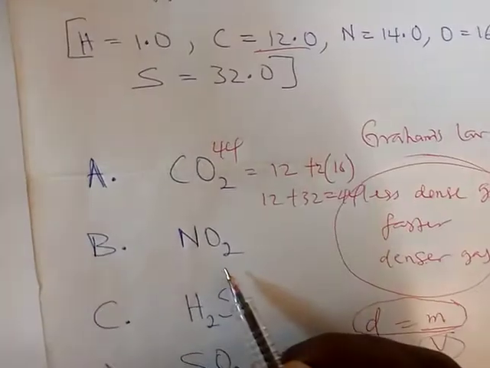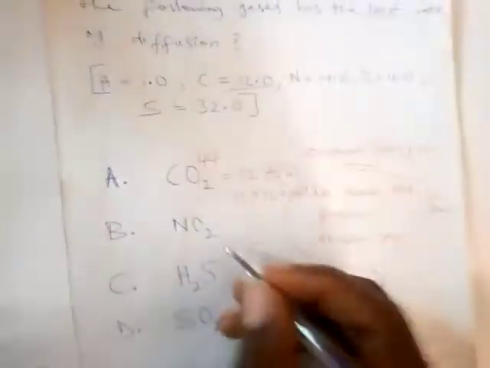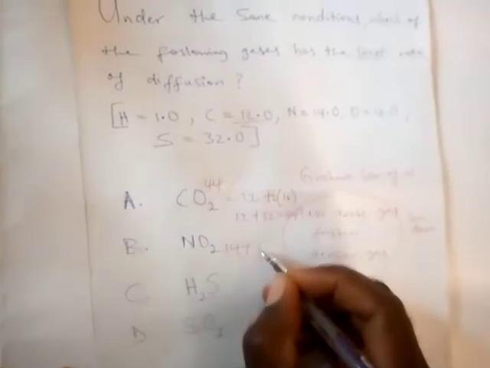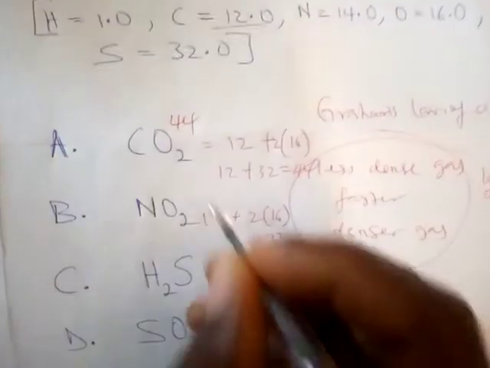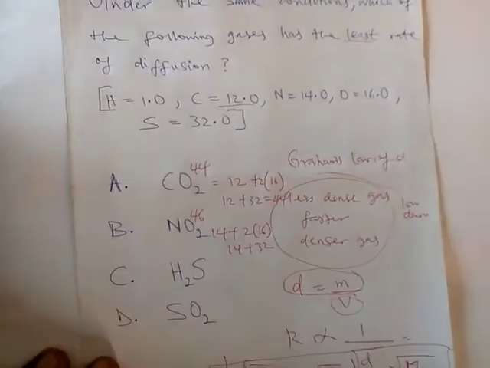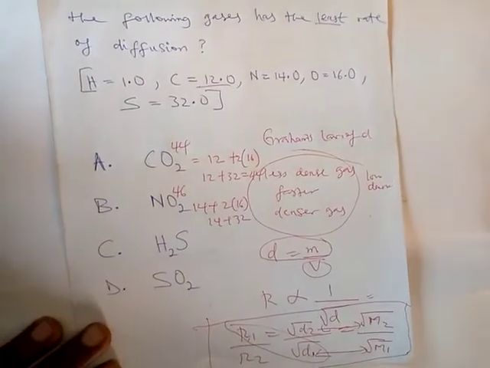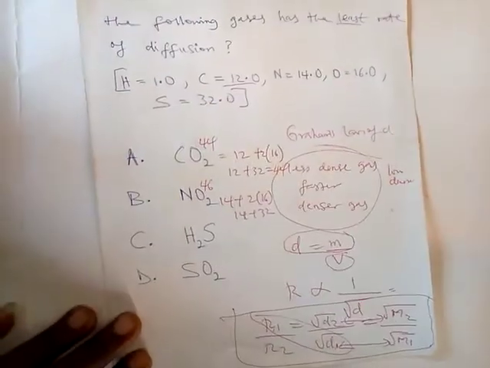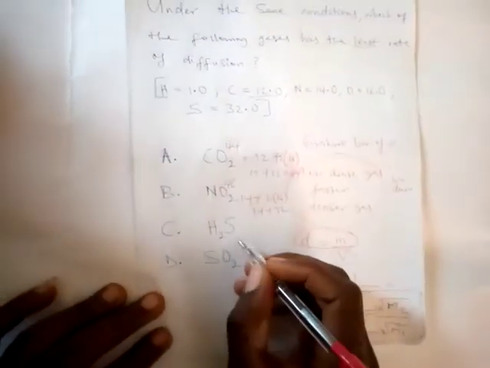Let's note that. Let's see NO2. N is 14 plus 2 times O, 16. That's 14 plus 32, which gives us 46. Let's see another one.